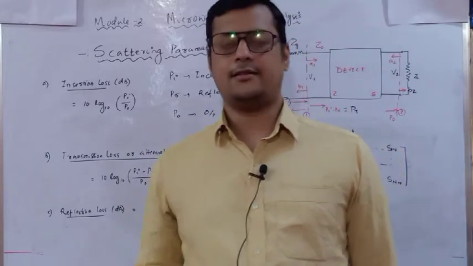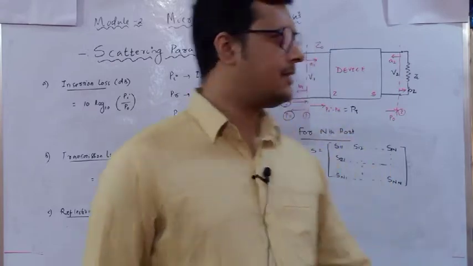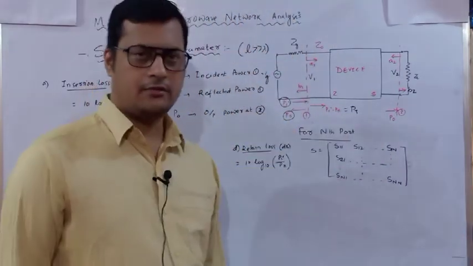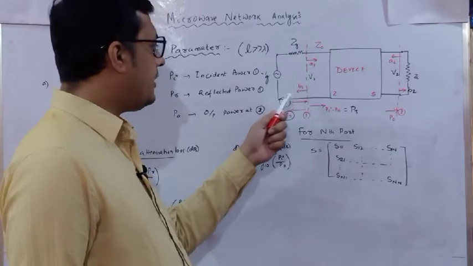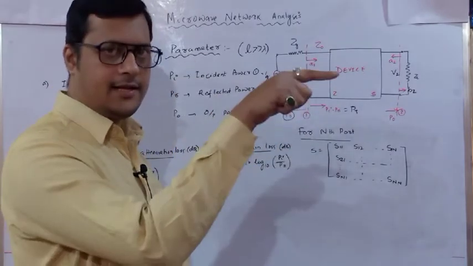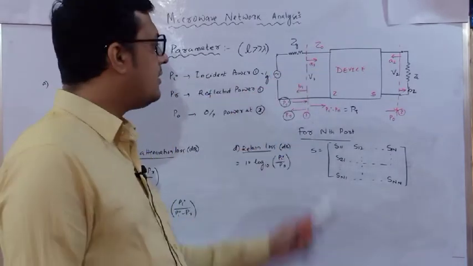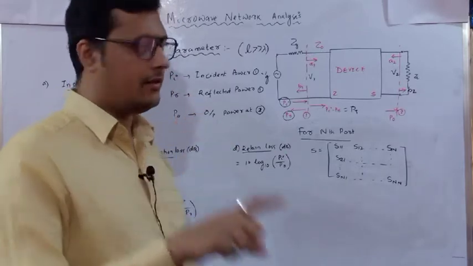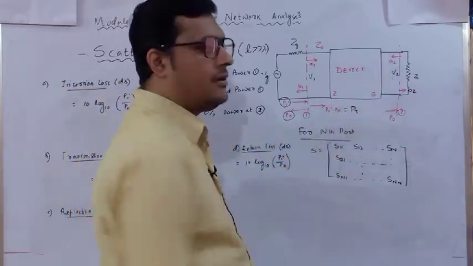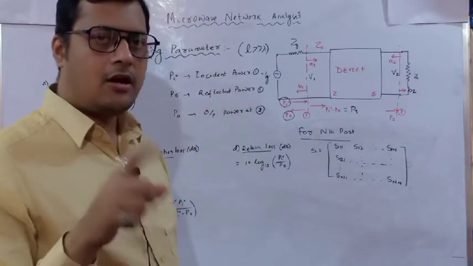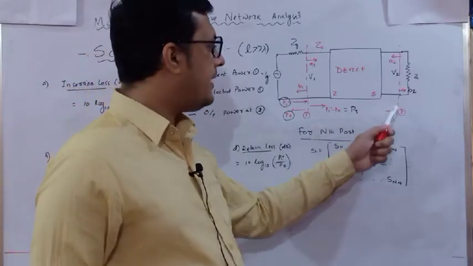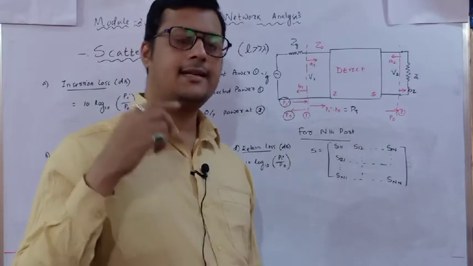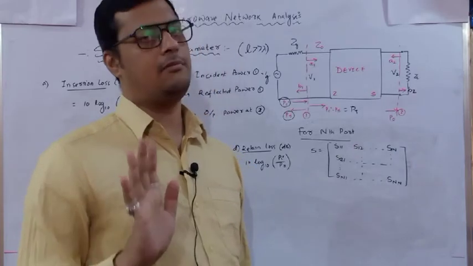Okay, let us consider the 2-port network, as I have drawn, in which A1 and B1: A1 is the incident normalized potential, B1 is the reflected normalized potential at port 1. Here A2 is the incident normalized potential and B2 is the reflected normalized potential.